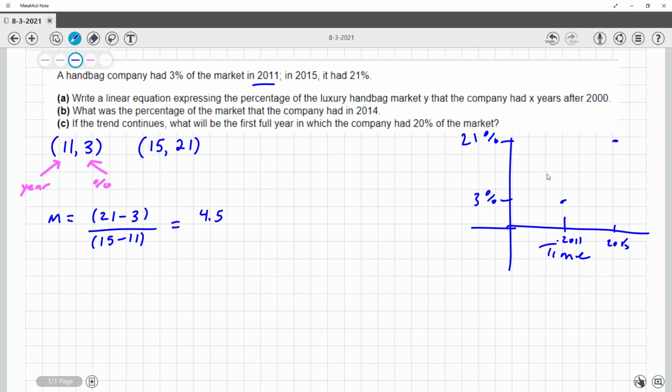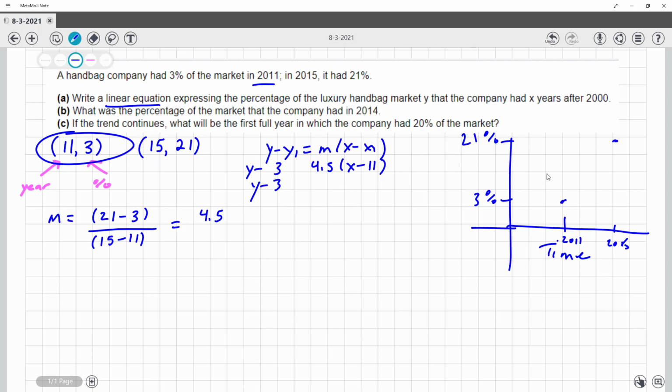So now to get my linear equation, I can use y minus y1 equals m times x minus x1. We found the slope, 4.5, and please remember you can use either point. It doesn't matter. I'm just going to use this first one, so y1 is 3 and x1 is 11.